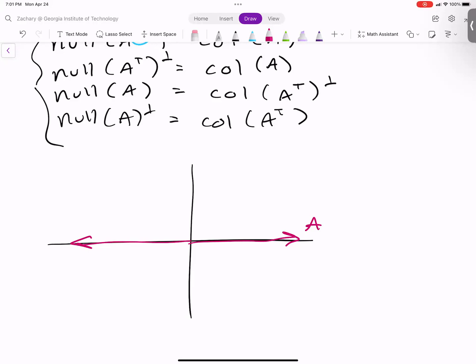If I'm doing this line, then my projection, because projections and orthogonality go hand in hand, is the bit on this line that goes as close as we can to here. It's the part on this line that is under the vector.